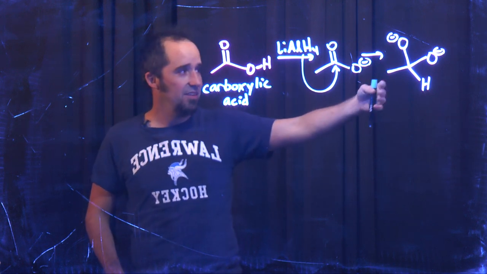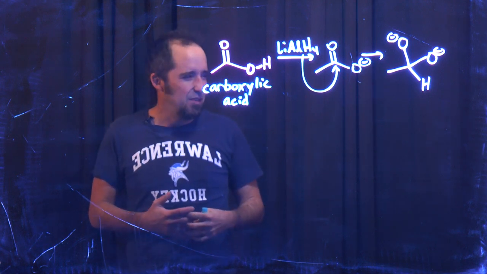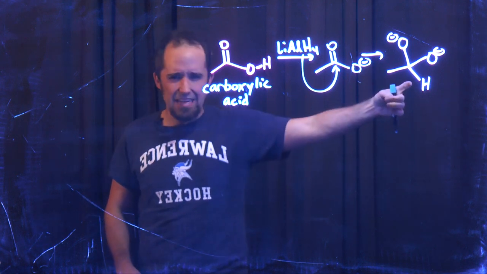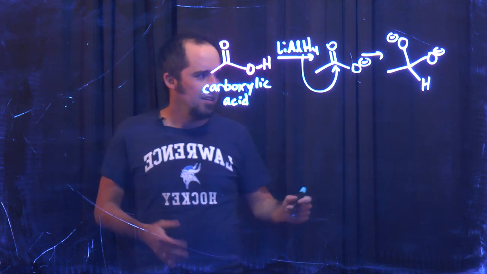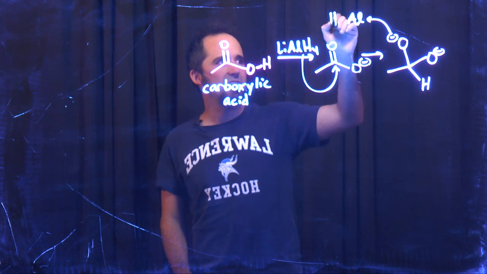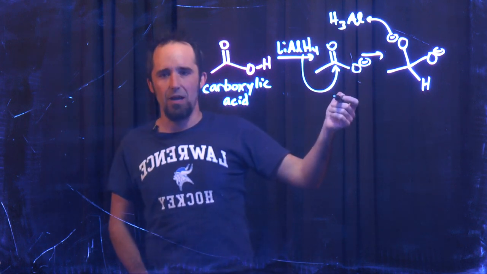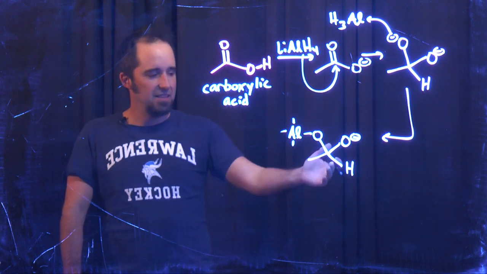Okay, so this is O2 minus, and so here it seems like we're stuck, right? Like, am I going to have an H leaving group and O minus leaving group? No, what's going to happen is it's going to react with some of the AlH3 that got left behind from my reducing agent. So we'll get some intermediate that looks like this.